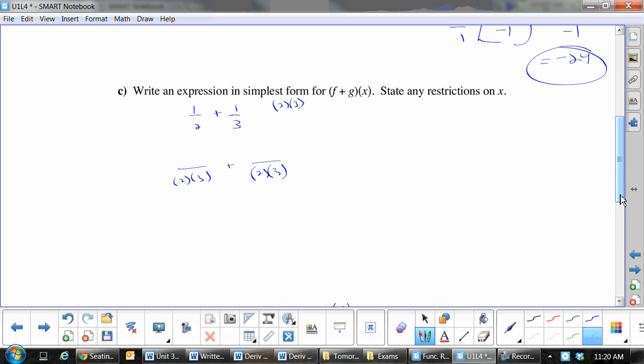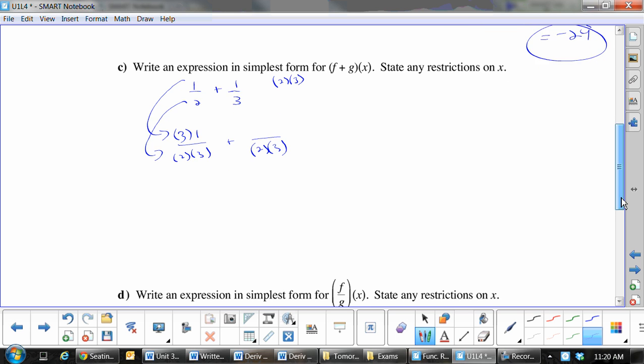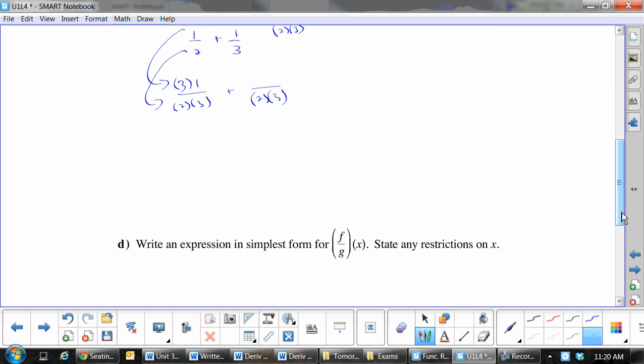And then I'd say, what do we have to do to 2 to get 6? We'd go multiply by 3. Okay, we'll do the same to the top. Do you see what I had to multiply? The bottom, I had to multiply by 3 to get 2 times 3. So I'm going to do the same thing to the top. And then what do I have to do to 3 to get 2 times 3?